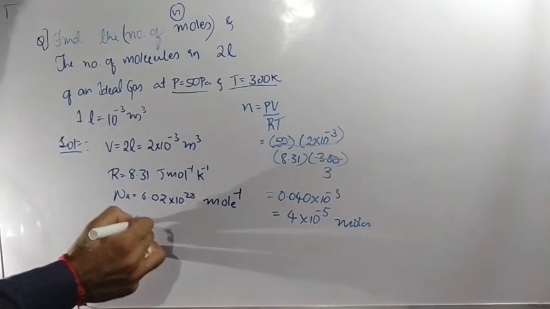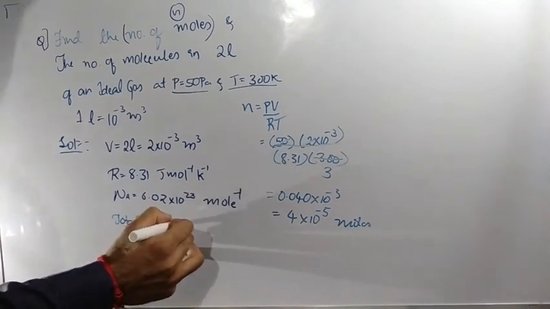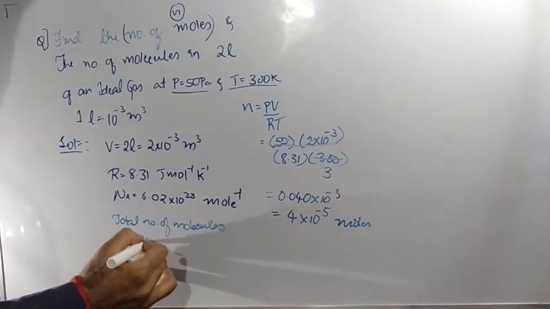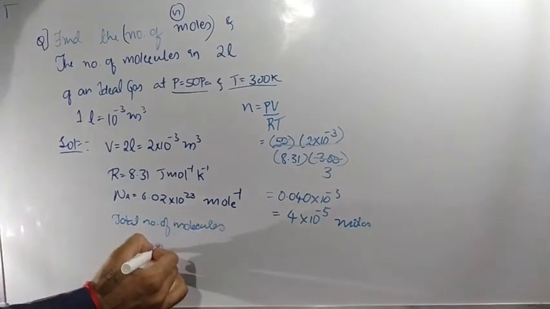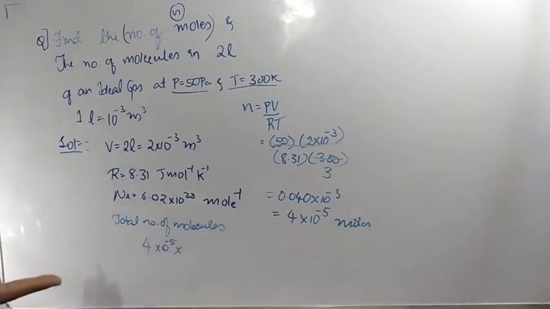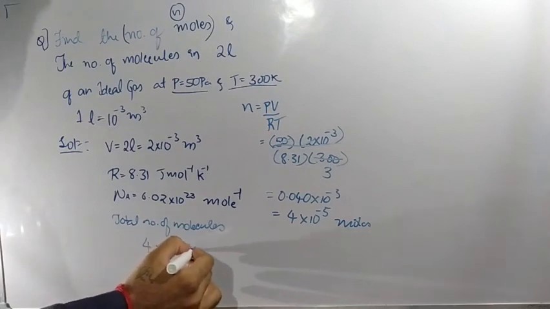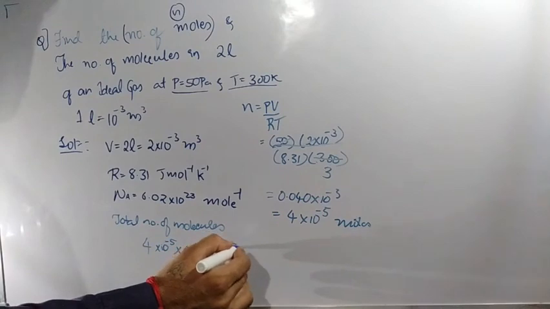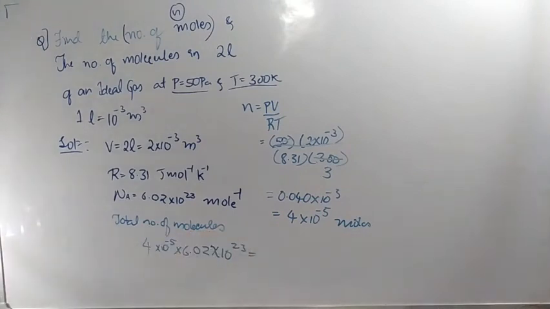Total number of molecules. We have totally 4 into 10 to the power of minus 5 moles, and in 1 mole, Avogadro number of molecules will be there. That's why 4 into 10 to the power of minus 5 into 6.02 into 10 to the power of plus 23. Just calculate this factor.